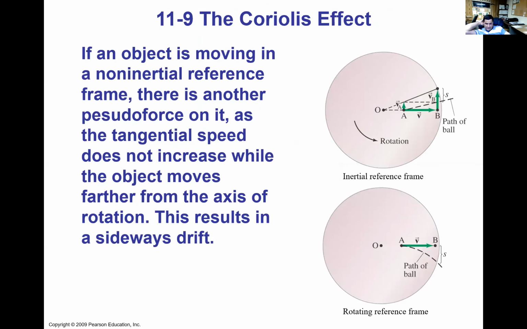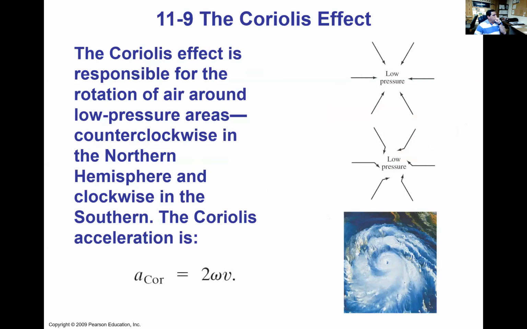Coriolis effect. Okay, so Coriolis effect, if an object is moving in a non-inertial frame, there's a pseudo force acting on it as the tangential speed does not increase while the object moves further from the axis of rotation, results in something called a sideways drift. The Coriolis effect is what is responsible for the rotation of air masses and low pressure areas in different parts of the world.